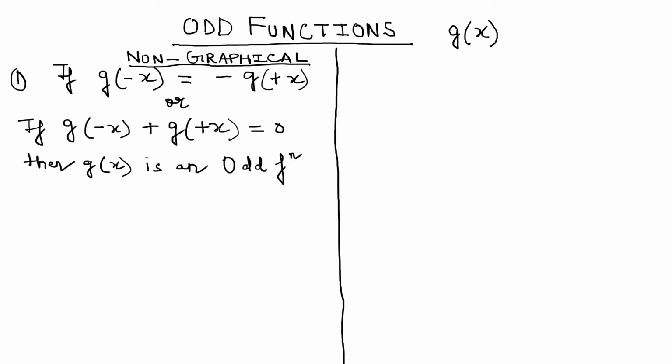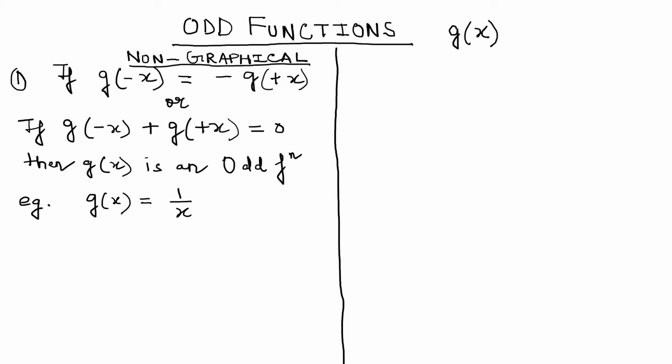We'll be able to understand this better with the help of an example. For example, let's take g of x equal to 1 by x.